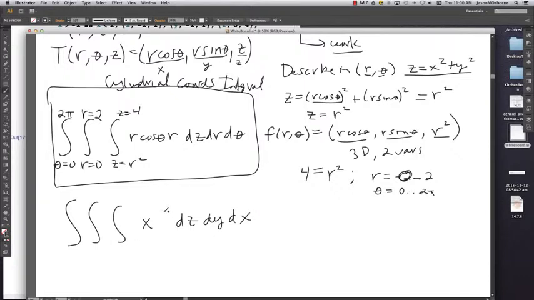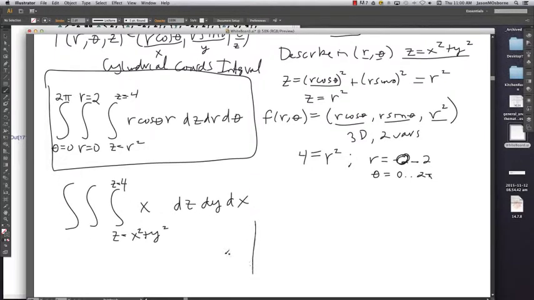So if you were to try to describe the original problem in terms of Cartesian coordinates, you would have had to go from z is equal to x squared plus y squared up to z is equal to 4. And then once you got to z equal 4, in the z equal 4 plane, you would have had a region in the xy plane that would have looked like a circle of radius 2.